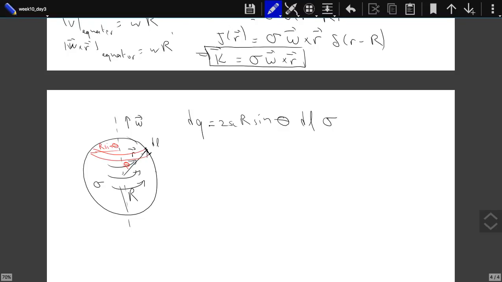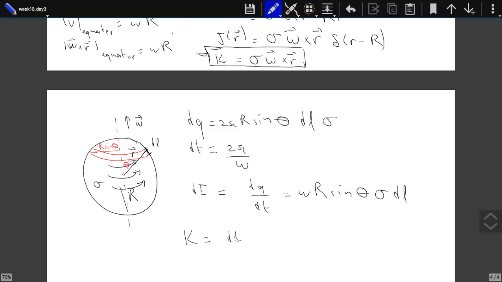in that strip. All of this charge passes through that line segment dl in one full rotation. And one full rotation takes a time 2 pi over omega. So dI, the current running through that dl, is just dq by dt, which is omega r sine theta sigma times dl.